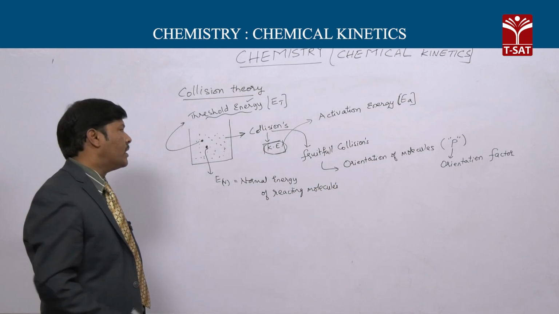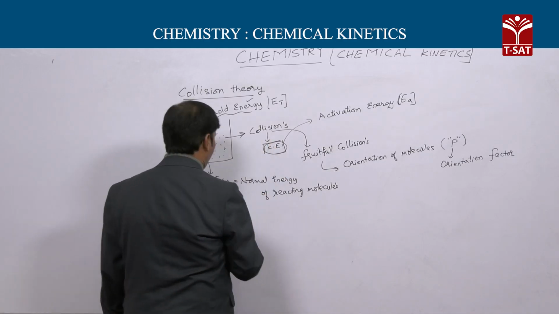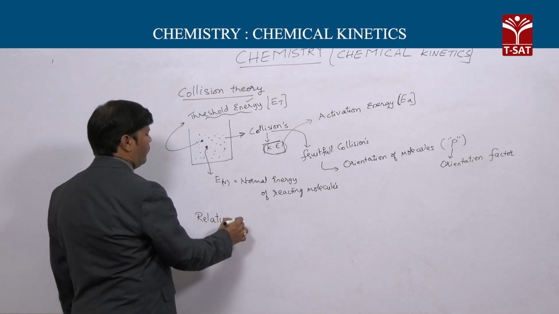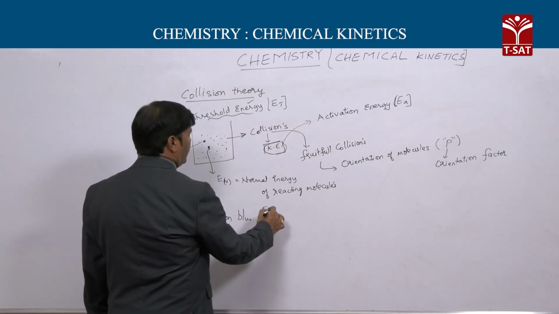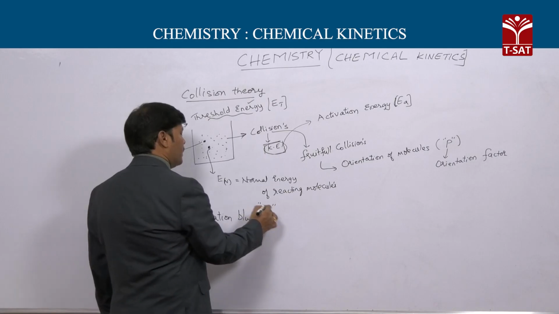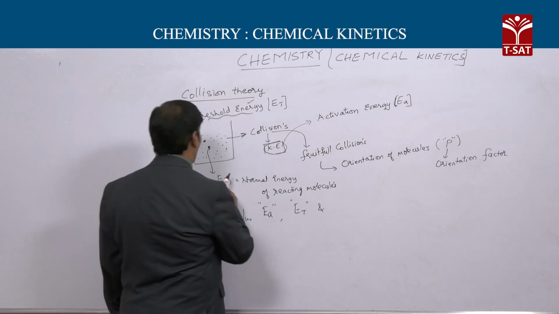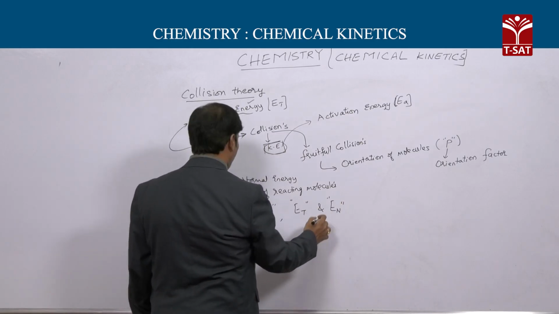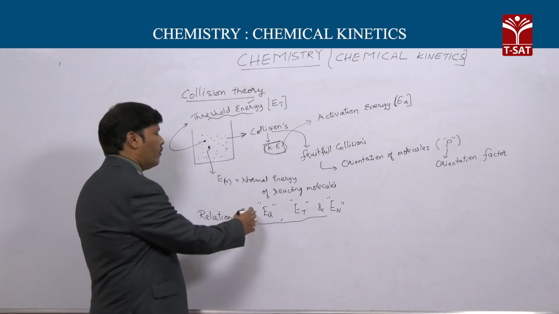What we need to understand here is there is a relationship between activation energy EA, threshold energy ET, and the normal energy of the reacting molecules En. What is the empirical relationship for these three components?